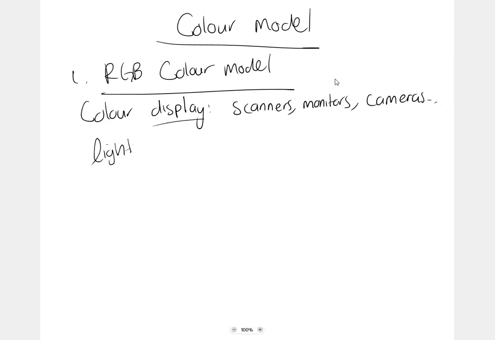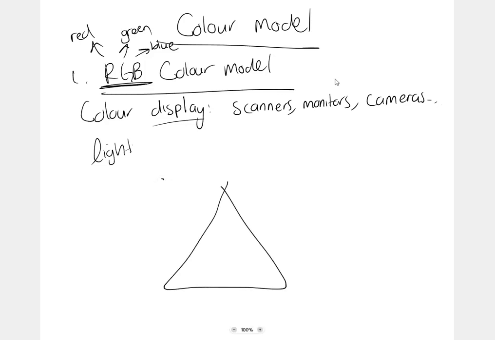And when we talk about the RGB color model, we have to talk about the primary colors associated with it, and it's actually in the name. It has to do with red, green, and blue. So I'm going to draw the color triangle to help you picture what's going on here. Red, and then you've got yellow, magenta, and cyan.